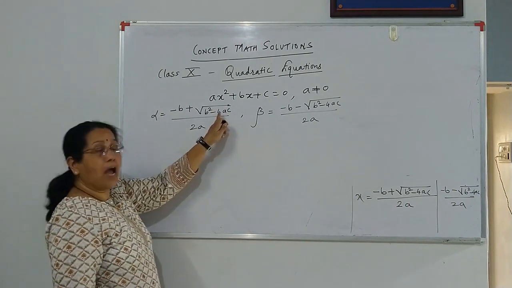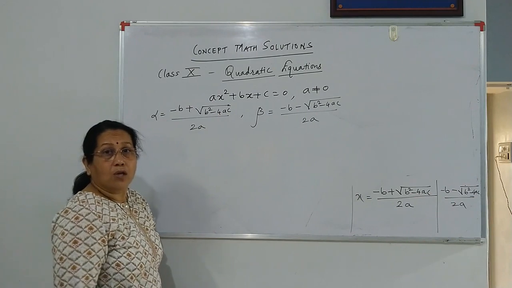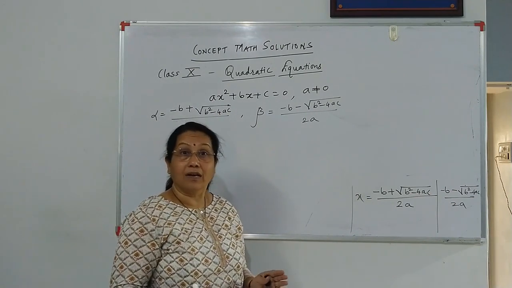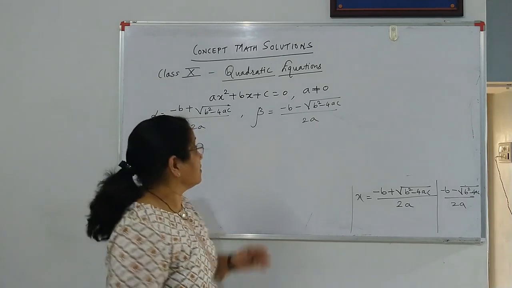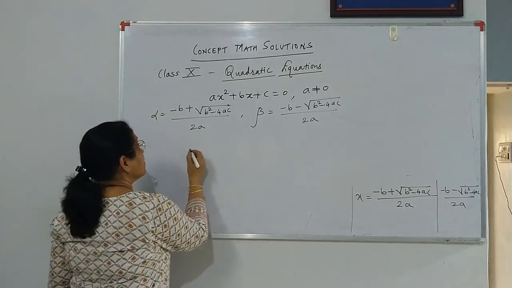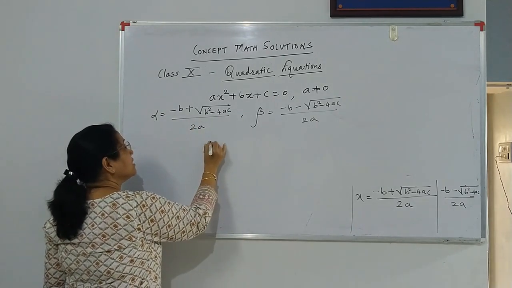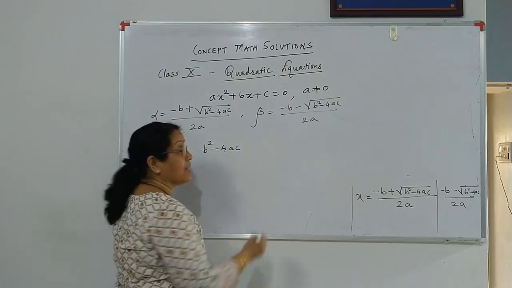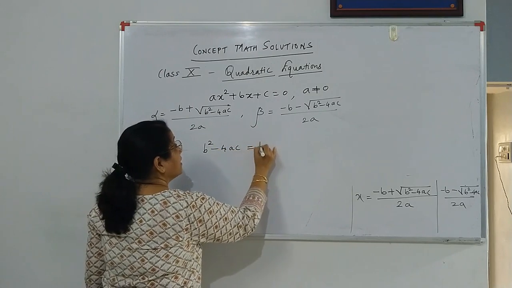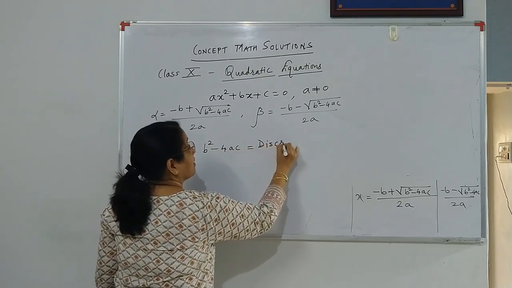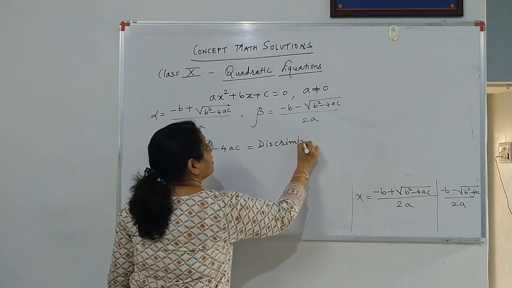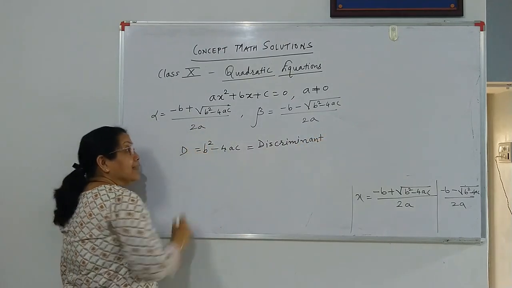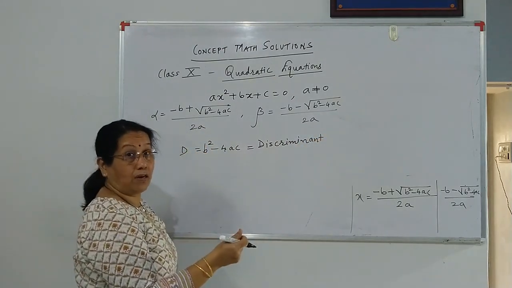Understand one thing: when you have terms under the root, you cannot have negative numbers under the root, because then they are not real numbers, right? So the condition we have is that b square minus 4ac is called the discriminant, and we denote it as D. This is again the controlling authority.